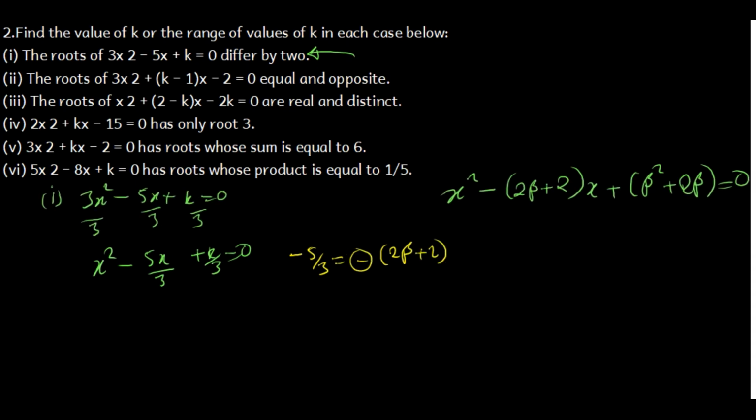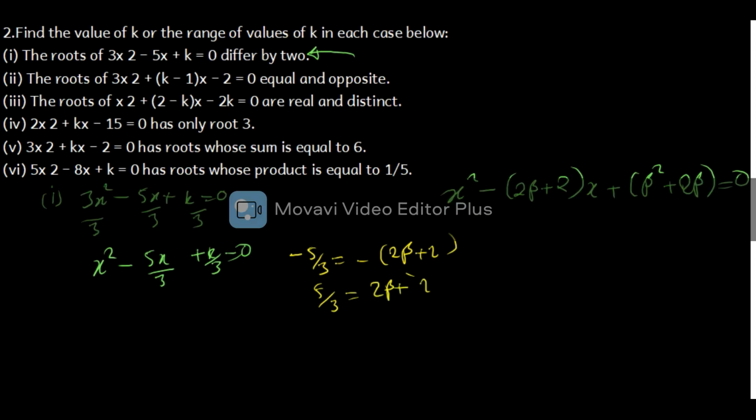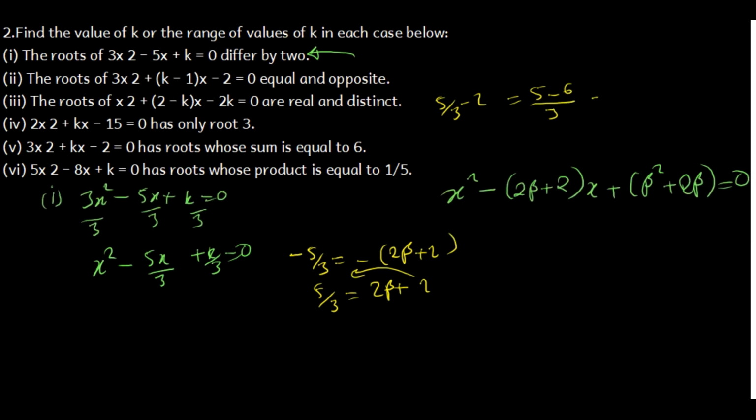Now we see that the negatives can cancel out. So what I'm going to have is just 5 over 3 being equal to 2 beta plus 2. I can take the 2 to the other side, and then it will be 5 over 3 minus 2, which can give us 5 minus 6 over 3, which is negative 1 over 3.